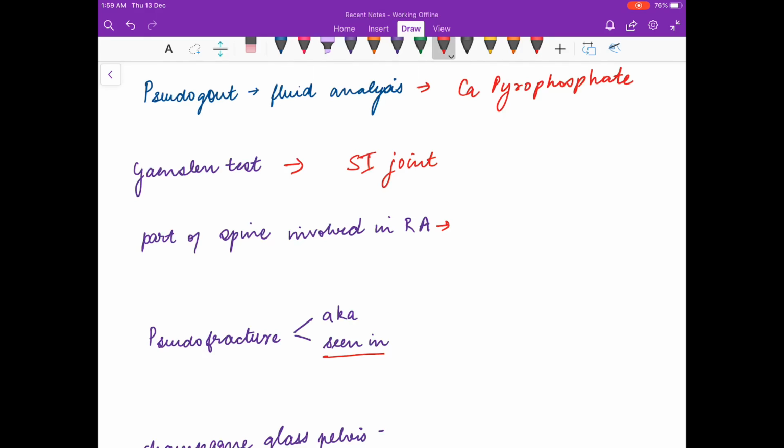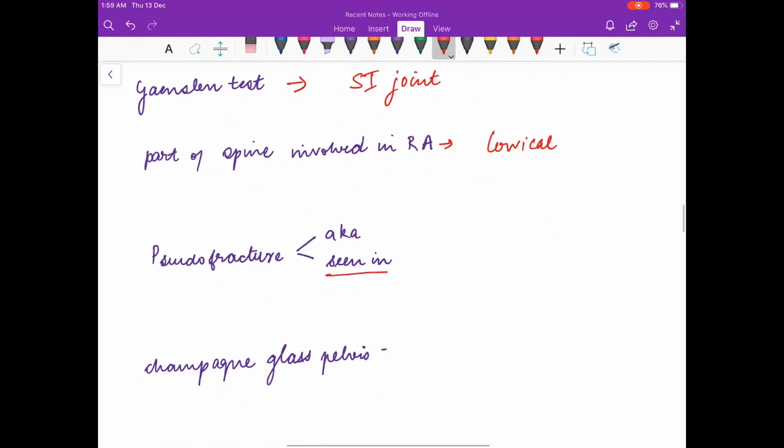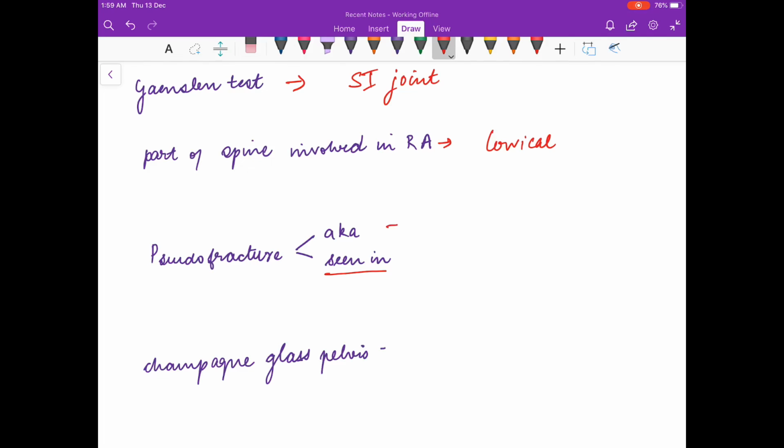Part of spine involved in RA is cervical spine. Pseudo fracture is also known as Milkman's fracture or Looser's zone.